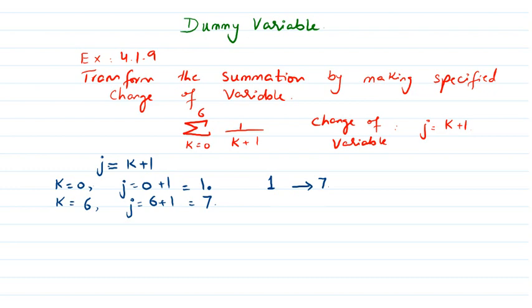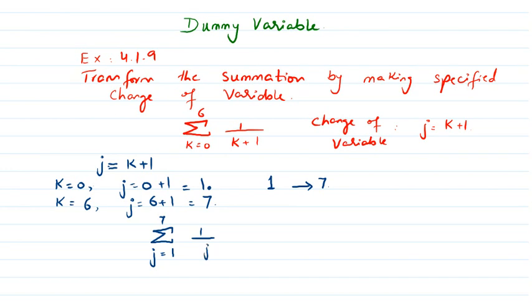However, you can see that the span of the summation remains the same, right? The number of terms going through the addition process. Now the transformed summation is going to have a new variable, that is k will be replaced by j. J will start from 1 and end at 7, and 1 over k plus 1 will be replaced by 1 over j, right?